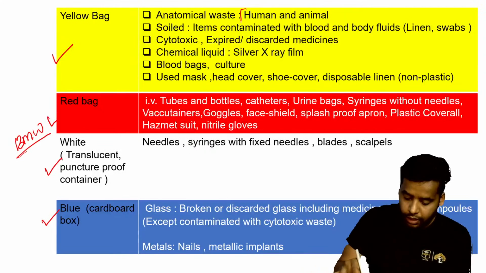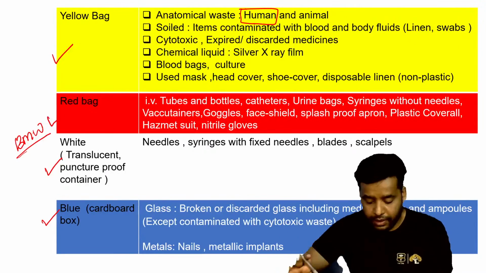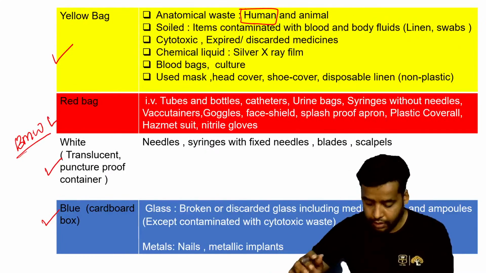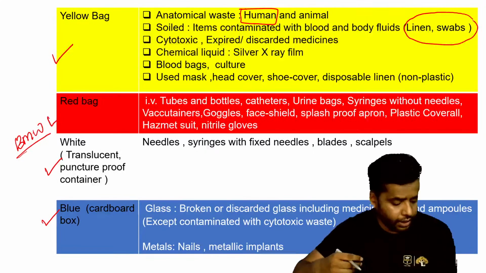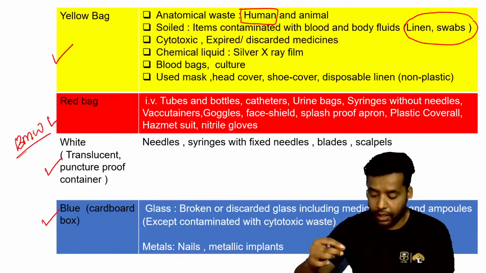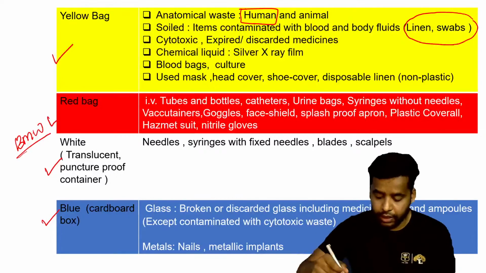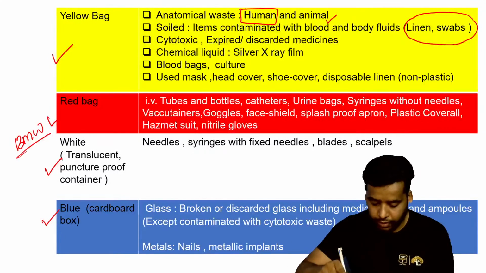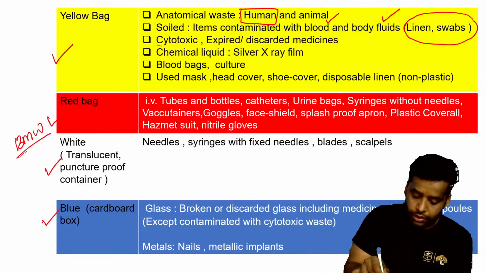Human anatomical waste they will ask, especially amputated limbs after surgery, placenta, like that they frame a question. Swabs will be asked for you. Any swab, like COVID patient throat swabs, or any patient you are cleaning, swabs infected with blood and body fluids. Cytotoxic drugs, important.